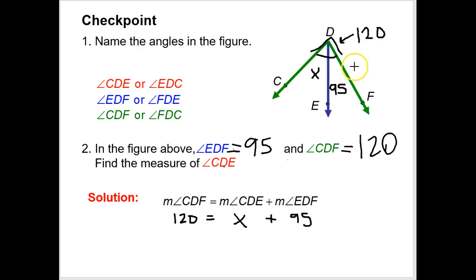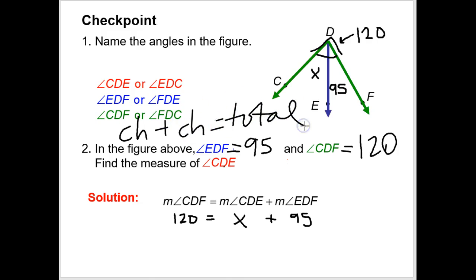So the only time you're going to add them both up is when you don't know the total. That's one place where a lot of people get mixed up. So you always have to ask yourself, if the angle addition is chunk plus chunk equals total, which one do I not know?